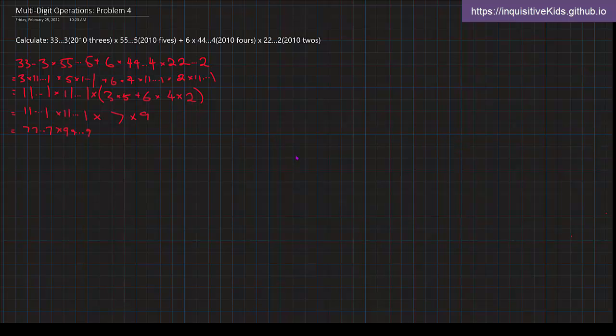So we rewrite this as, so this is what we're working on now, a 1 followed by 2010 zeros, minus 1, times 2010 sevens.